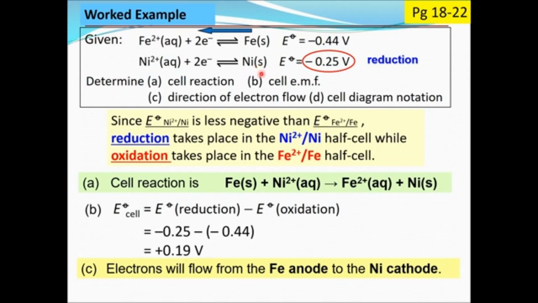And the cell diagram in this case, because of the electron flow direction, we are able to quickly write down, right? That's the case from your iron to nickel. So your oxidation occurs first, the single slash for the phase difference, the double slash for the salt bridge, and then you go on to your nickel at the other side.